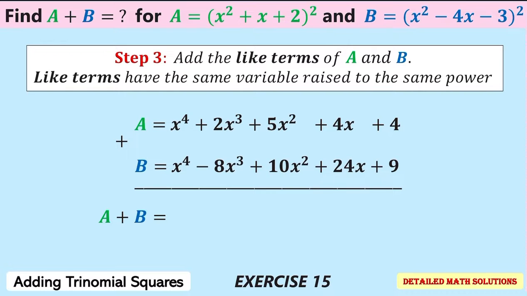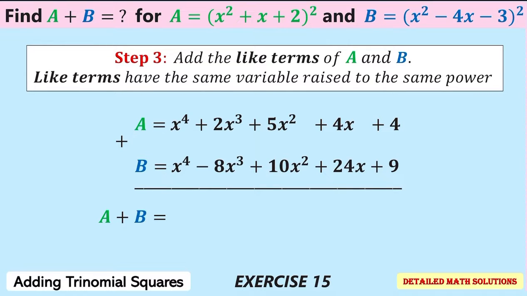So from step 1, I have A equals x to the 4th power plus 2x to the 3rd plus 5x squared plus 4x plus 4. And from step 2, I have B equals x to the 4th power minus 8x to the 3rd power plus 10x squared plus 24x plus 9.